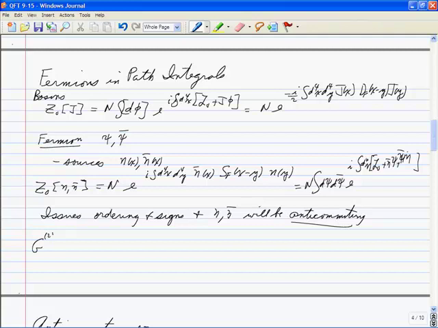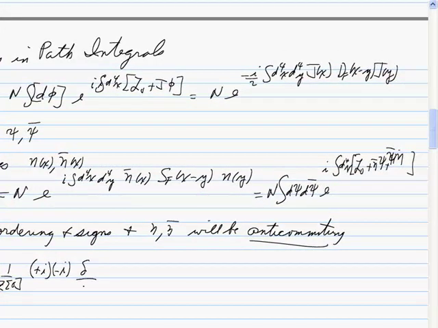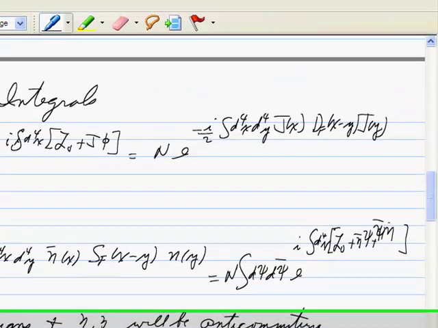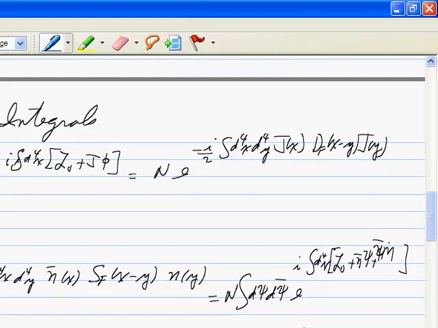I want G2 of x prime, which is 1 over Z of 0, I want plus I, minus I, delta, I'm trying to get this ordering right, delta eta bar of x delta eta of y of Z. So this one brings down a psi bar, and this brings down a psi. Good, so I've got them in the right order.